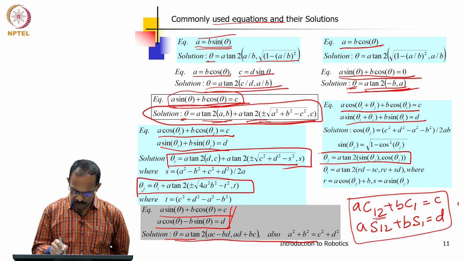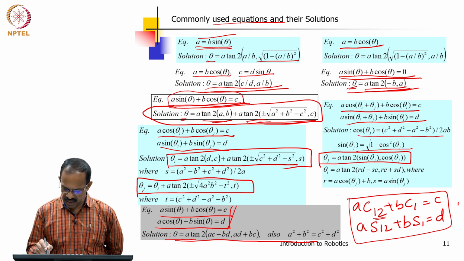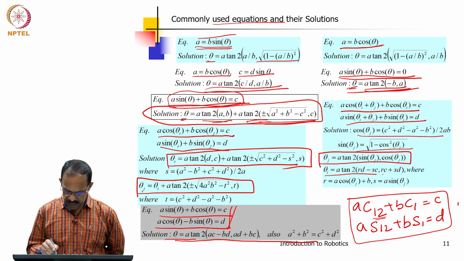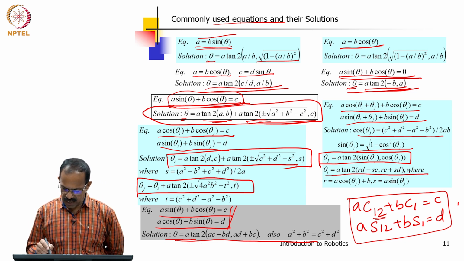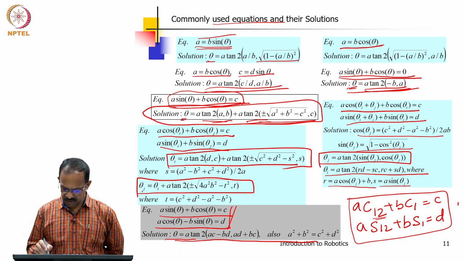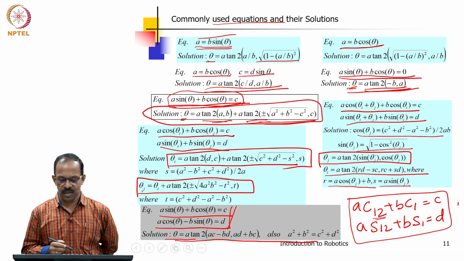So theta 2 will be this, and you can see that cos theta j is this and sin theta j is this. Therefore, you will get theta j as atan2 of sin theta j, cos theta j, and then theta i is atan2 of RD minus SC, RC plus SD, where R is A cos theta j plus B, and S is equal to A sin theta j. So this is the way you will get the solution.